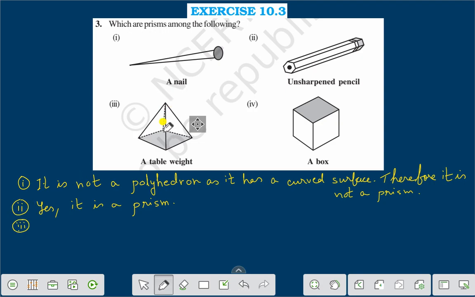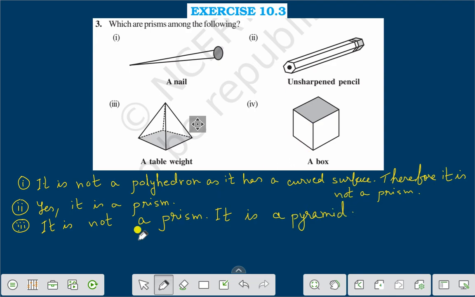Therefore, it is a pyramid. It is not a prism. It is a pyramid.